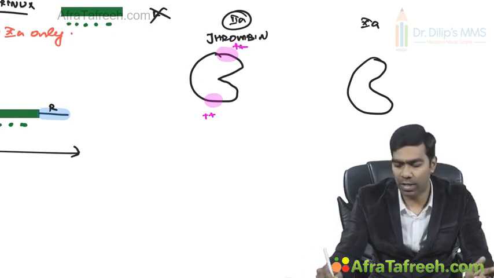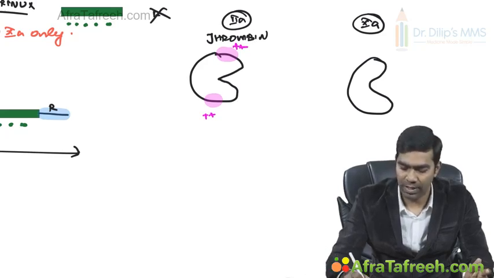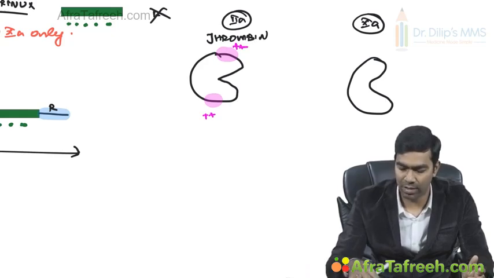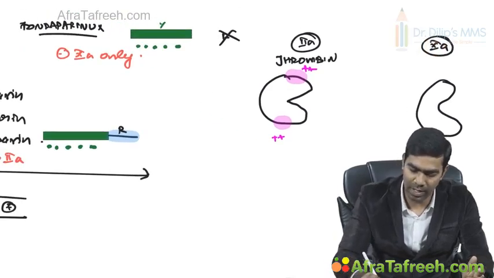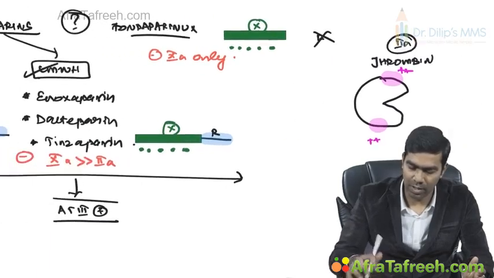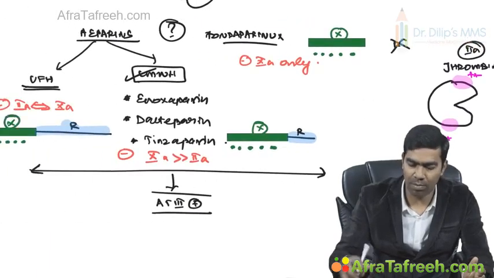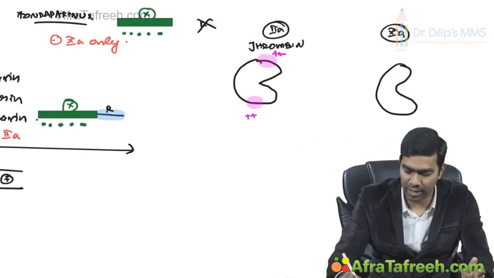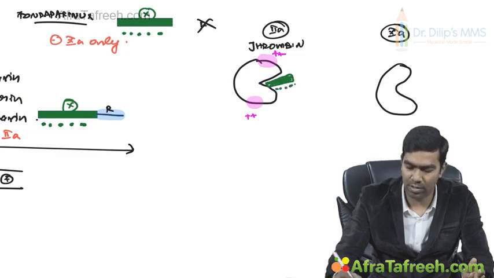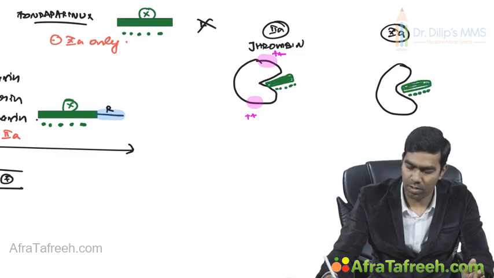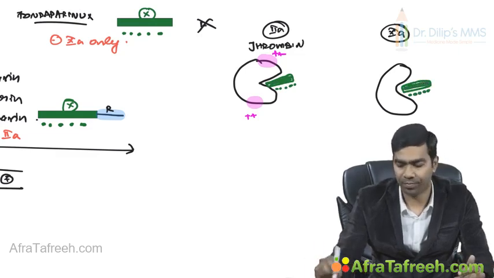And the 10A molecule doesn't have any active sites like that. But remember, this heparin group, this pentasaccharide which I told you about, is the one that fits into the structure of both thrombin as well as factor 10.